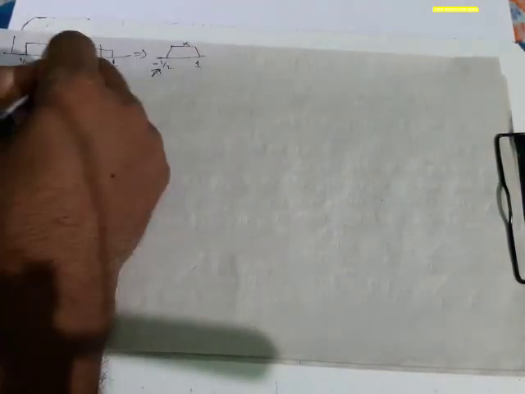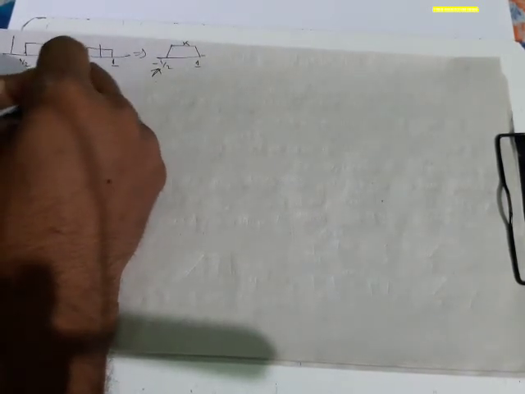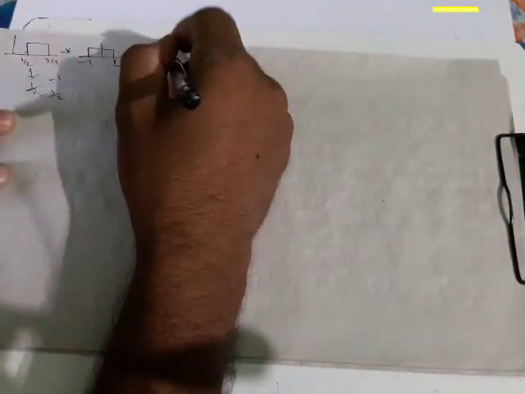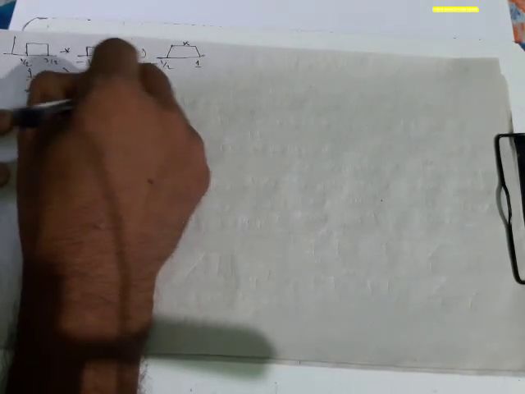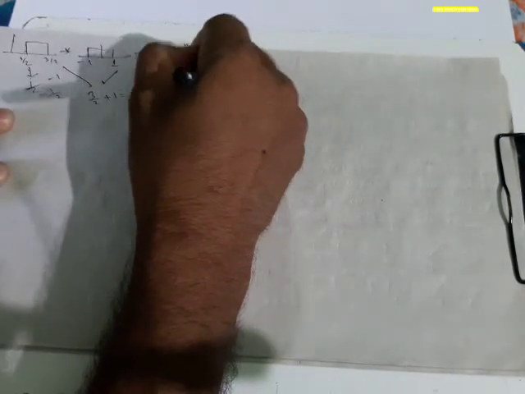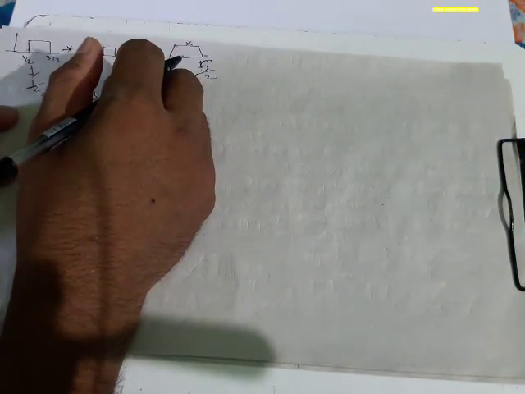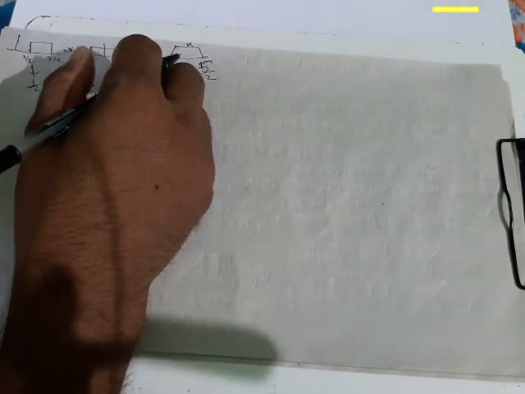Okay, minus u of t minus 1 convolution with u of t plus 1, plus u of t plus 1 convolution with u of t minus 1, minus 2 of u of t convolution with u of t minus 1, plus u of t minus 1 convolution with u of t minus 1.